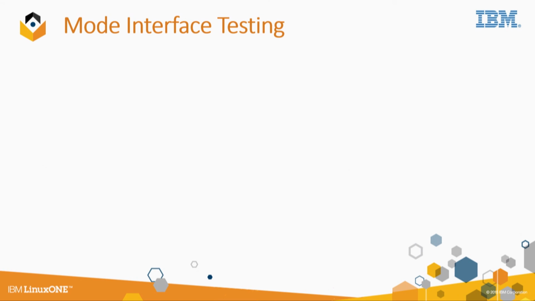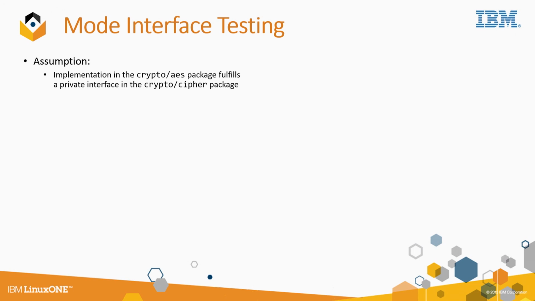Then I submitted this upstream. During the code review, Brad pointed out that we were implementing a private interface in the crypto Cipher package, but we don't have any way of telling whether we're actually implementing that interface or not.